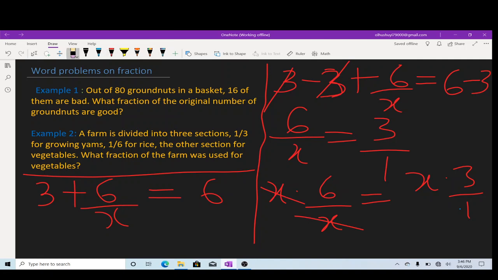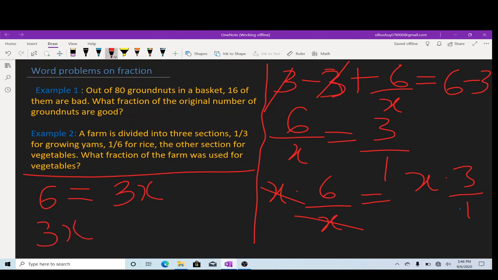So what do we have left? 6 equal to 3x. And this also implies that 3x is equal to 6.